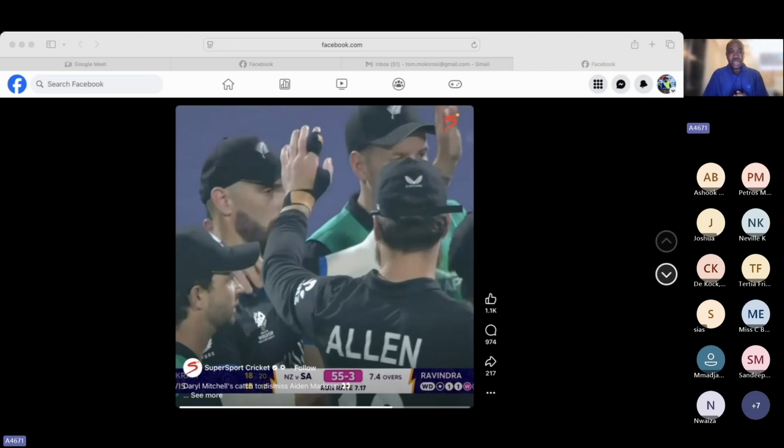But to answer your question, we judge where the striker is when the ball is released at the release point of the bowler, and then we can decide, is the striker in a position to play a normal cricket shot?